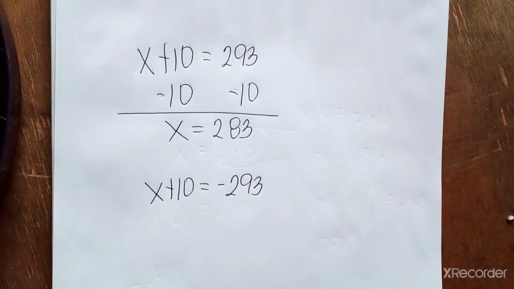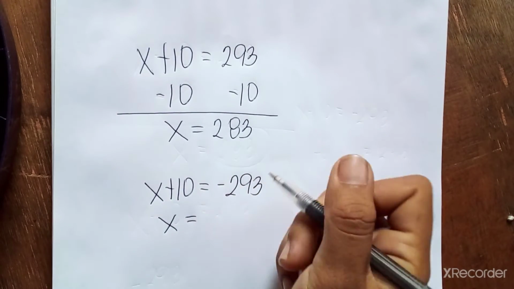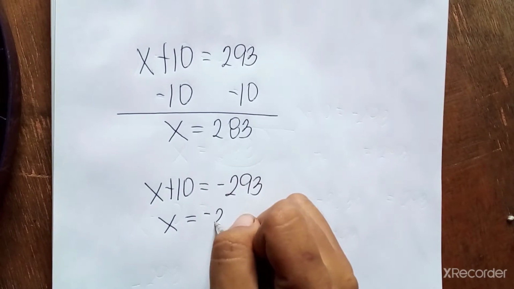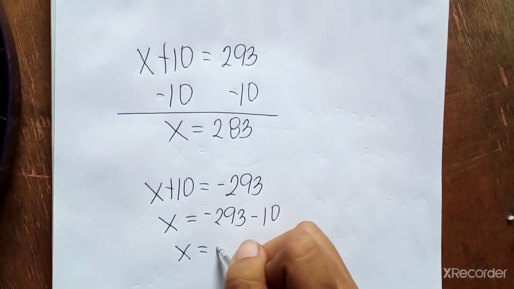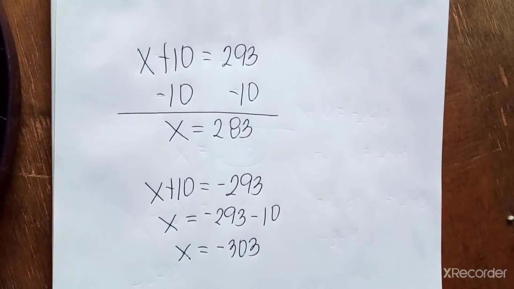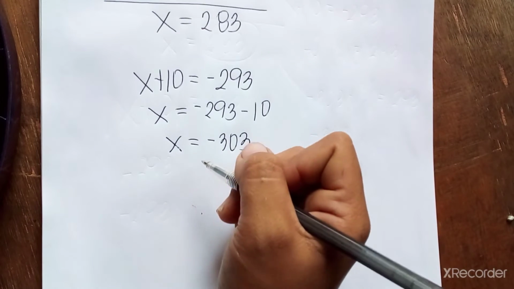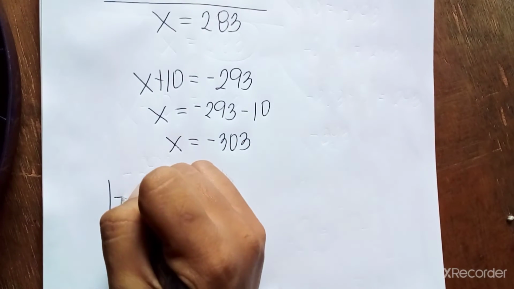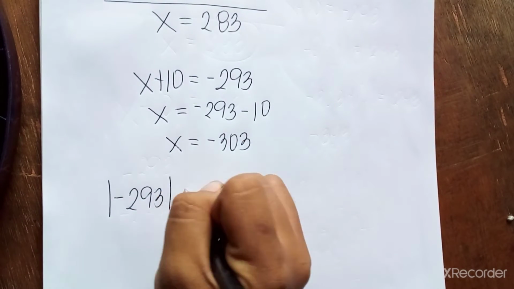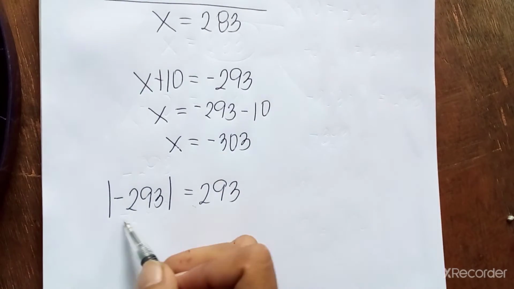So we have x equals negative 293 minus 10, or x equals negative 303. So then we would have, with this negative 293, the absolute value of negative 293 equals 293. And it is a true statement.